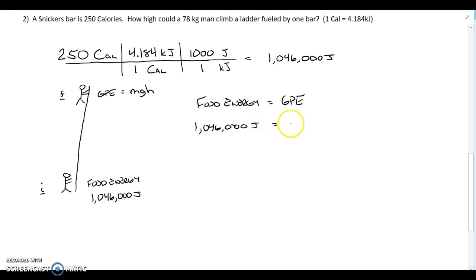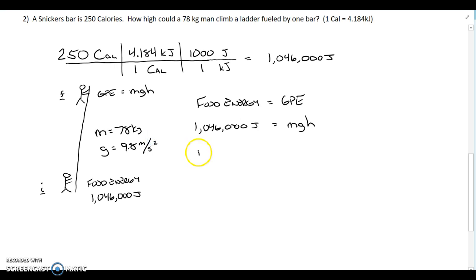In this case, it's all in GPE, which is mass times gravity times height. We know that his mass, given in the problem, is 78 kilograms, and g is just 9.8 meters per second squared.